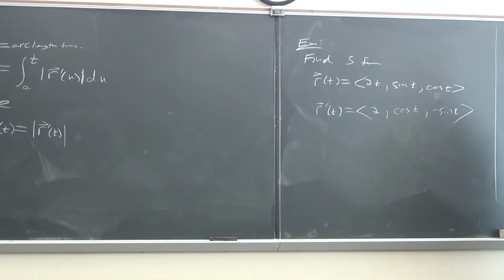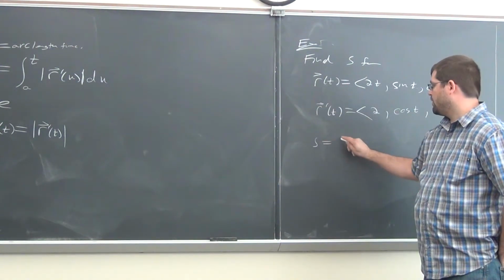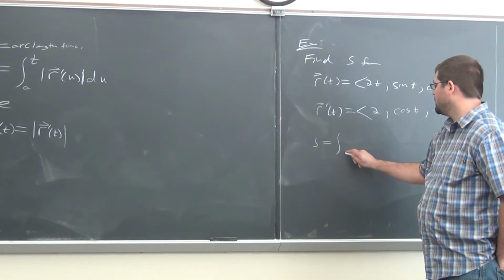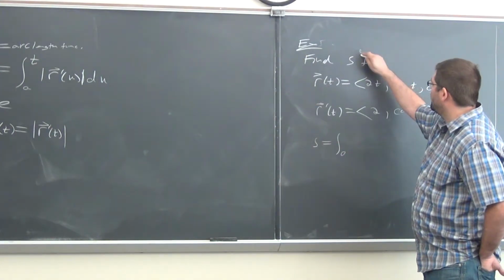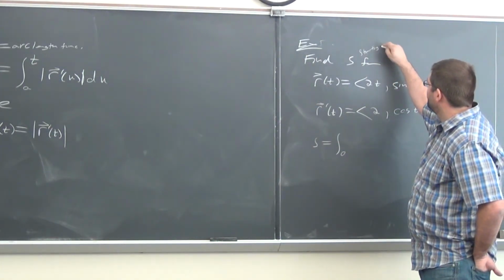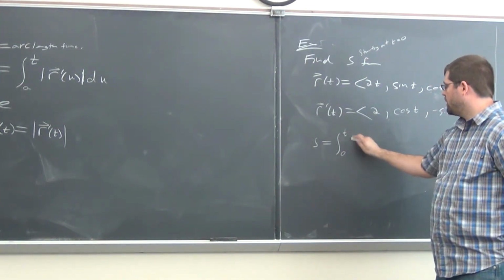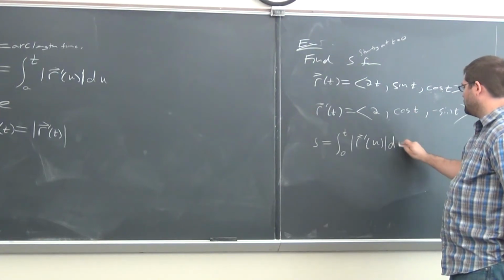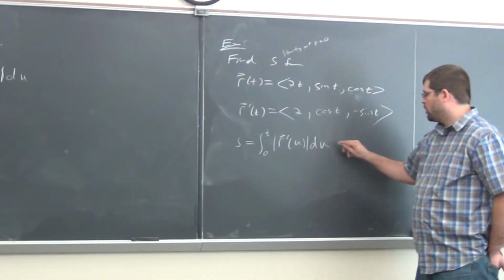All right, and then, so if I want to compute this s, right? So s is the integral from, let's just start at 0, okay? So find s starting at 0 to t, magnitude of r prime of u. In this case, the u won't come into play, but let's call it u anyways. So what do we get here?